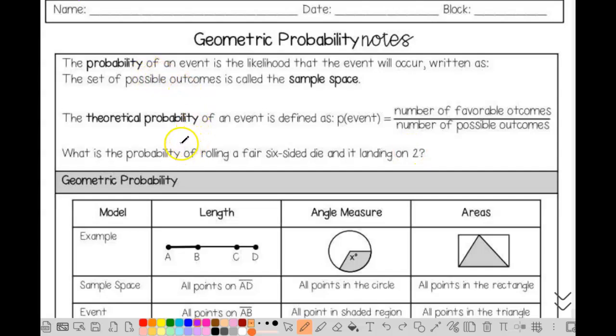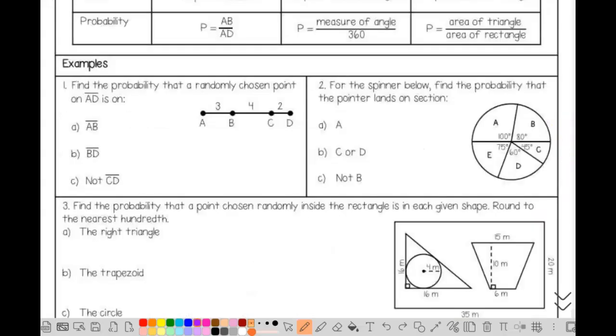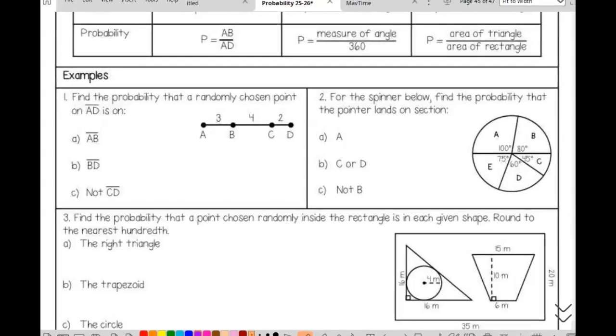Okay, so geometric probability is the last topic before our test next week, and it's going to be very similar to basic probability, but we're looking more at geometric shapes.